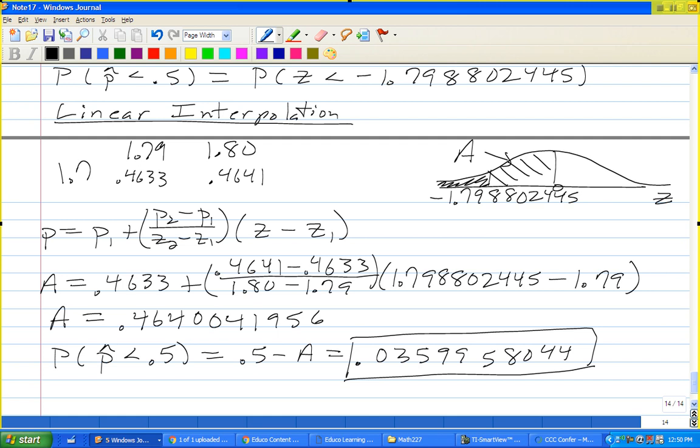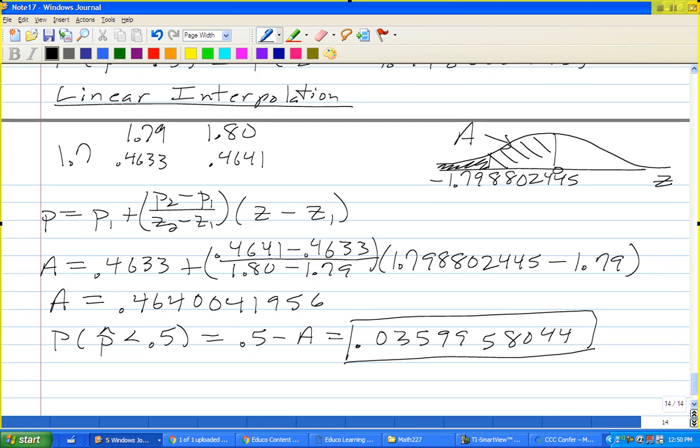Okay. So let me do the following example.